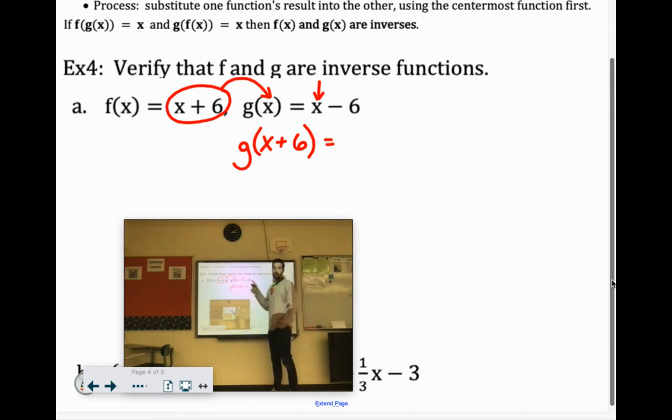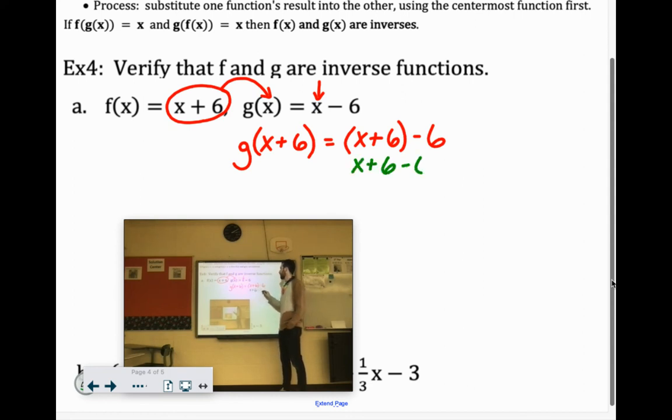So it was x minus 6, but we're replacing x with x plus 6. So it would say x plus 6 minus 6. Great, we replaced it. The parentheses don't really matter. And then the 6 minus 6 cancels out, so we're just left with x, which is what we want to prove that they are inverses of each other.